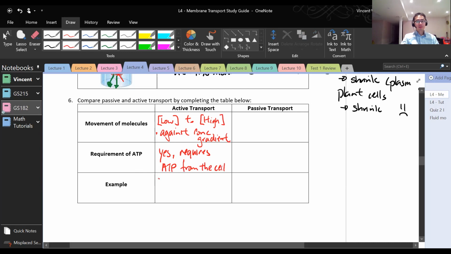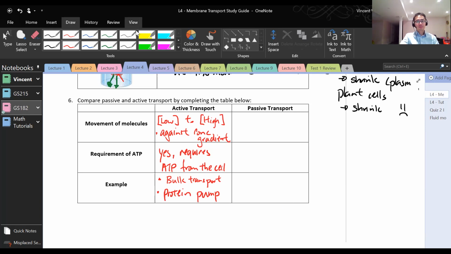Okay. Examples of this, we have things like bulk transport. Okay. Things like exocytosis, right? Endocytosis. We talk about that. Another example would be like a protein pump. Okay.